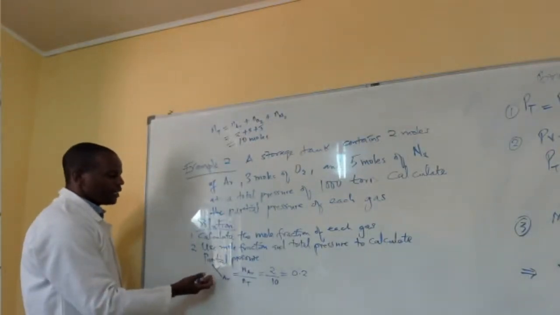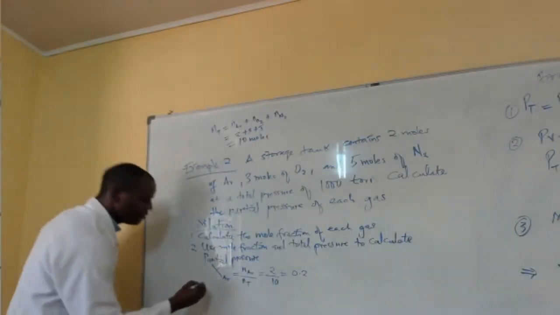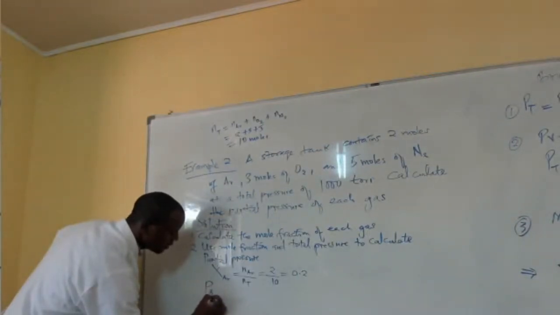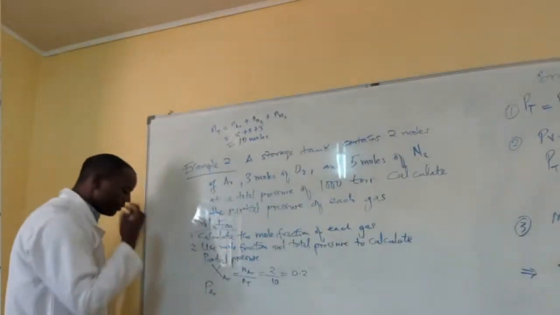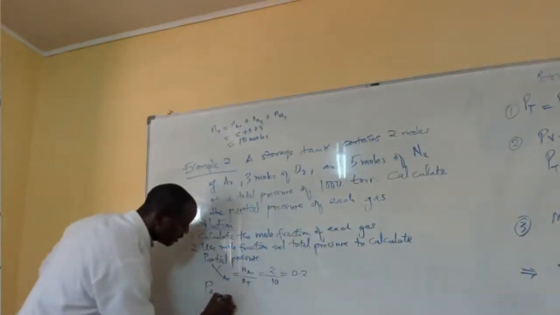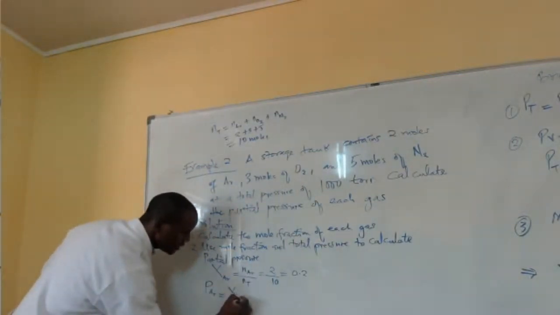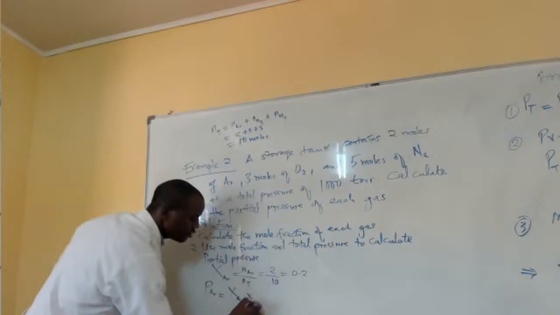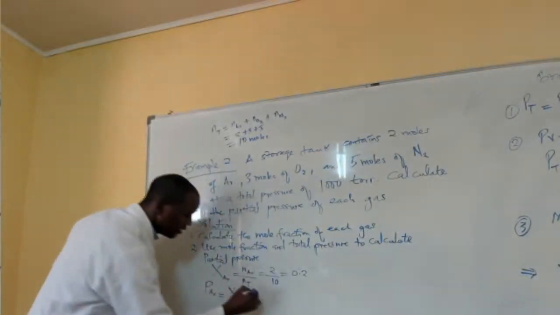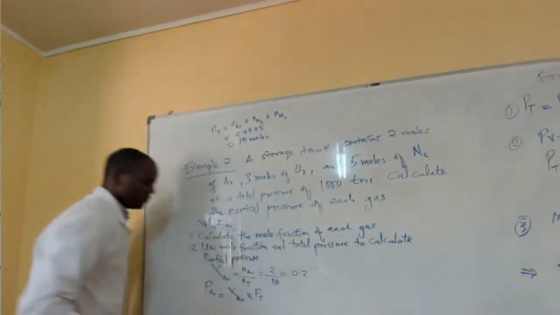Now to get the partial pressure of argon, P argon, this will be equal to the mole fraction of argon times the total pressure in the container, which is P total.